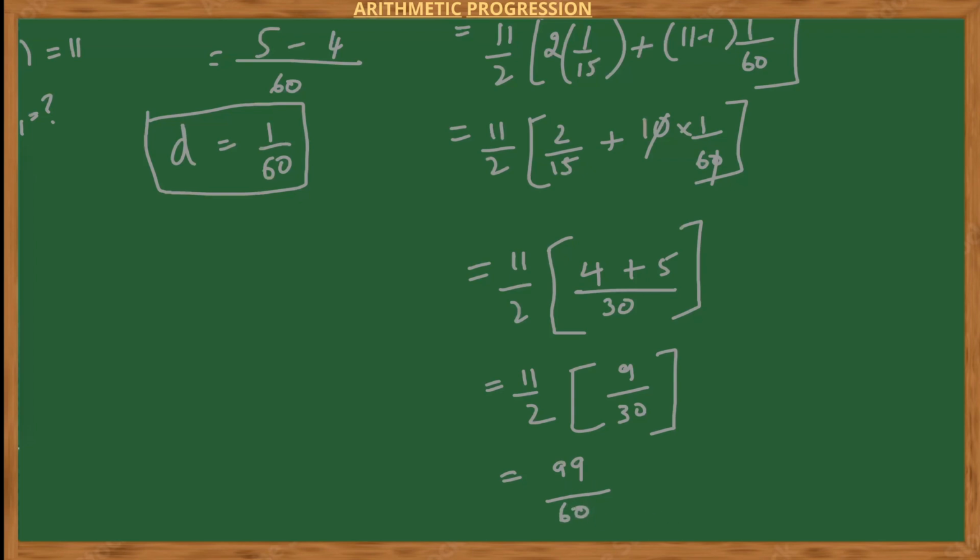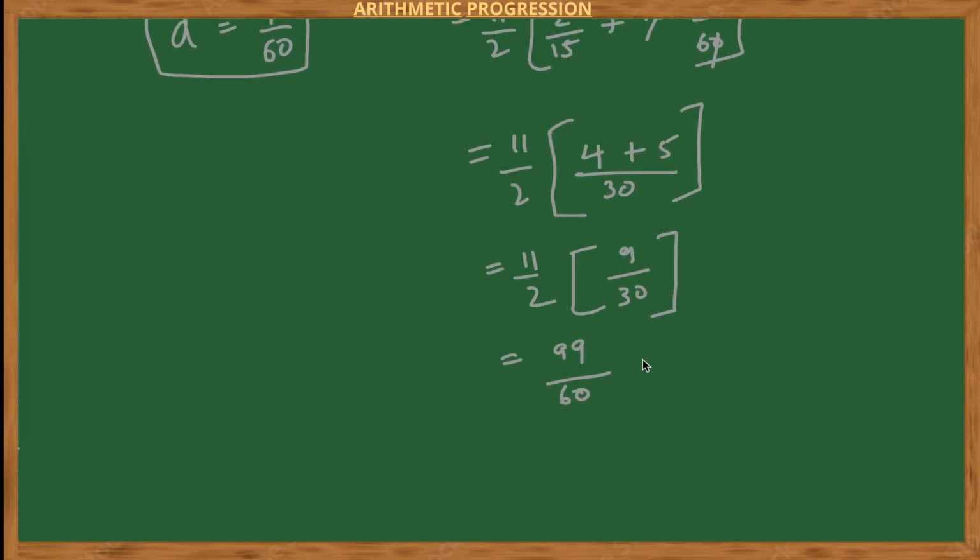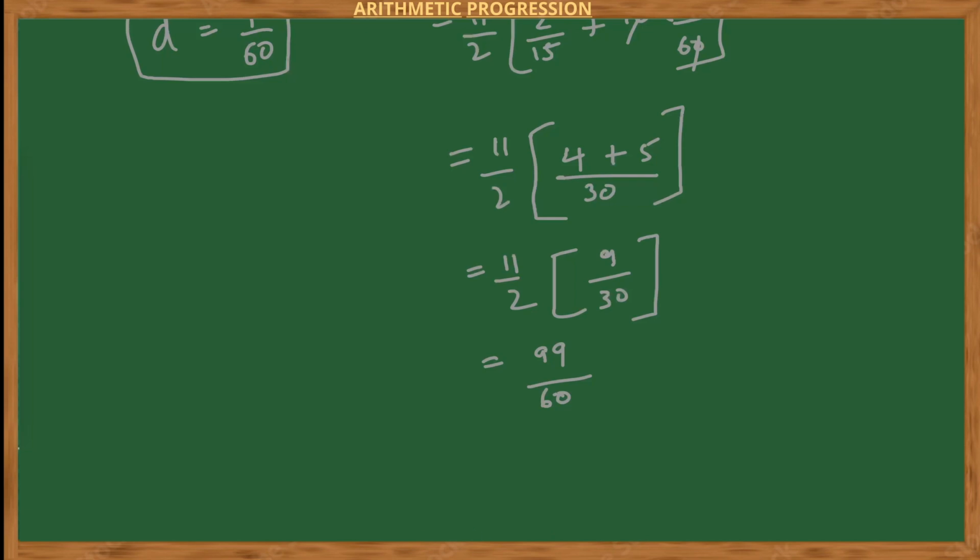So this further goes in the 3 table. Does it go in the 3 table? Yes, it goes. 3 times 33 is 99, 3 times 20 is 60. So further simplification is not possible, so we can put it in this format.